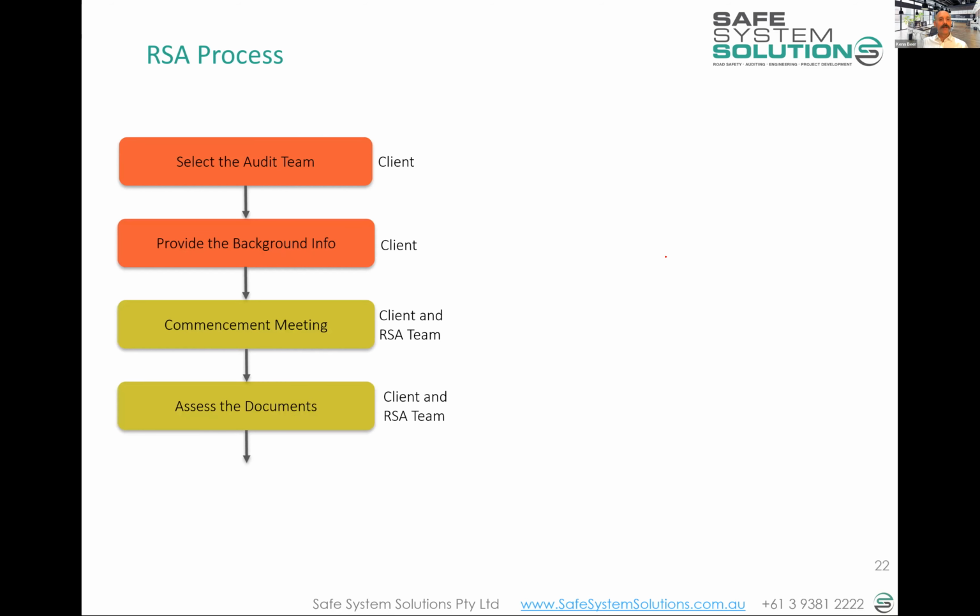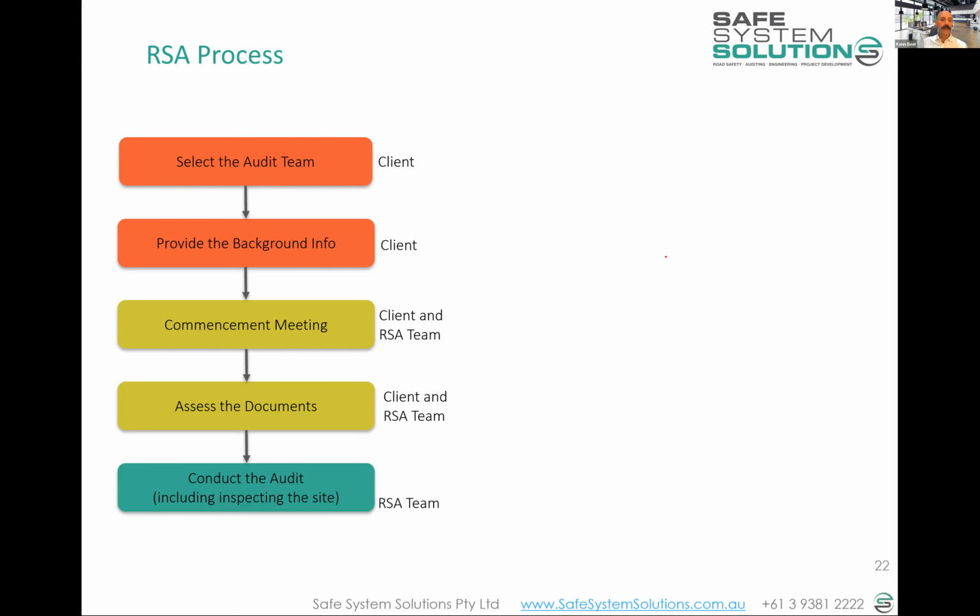Then there's some assessing of the documentation at that stage, with the client, and Austroads included the client in this stage, because sometimes clarification is sought: do you have swept path diagrams? We need those. So there's that back and forth as you're assessing the documents.